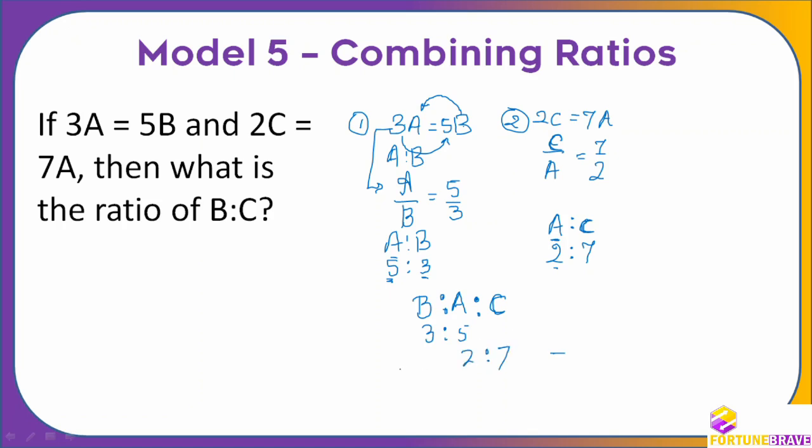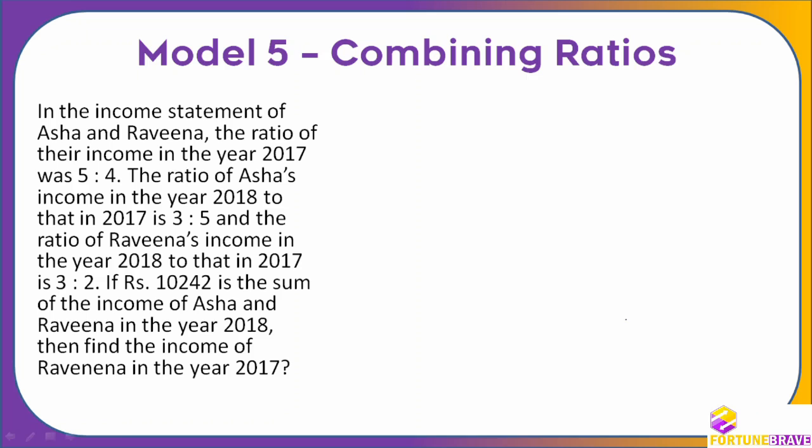So I will multiply as we know it already, 3 2s are 6, 5 2s are 10 and 7 5s are 35. Okay, what is the ratio of B and C? 6 is to 35. So B to C is 6 is to 35. So I think that is very, very clear now.